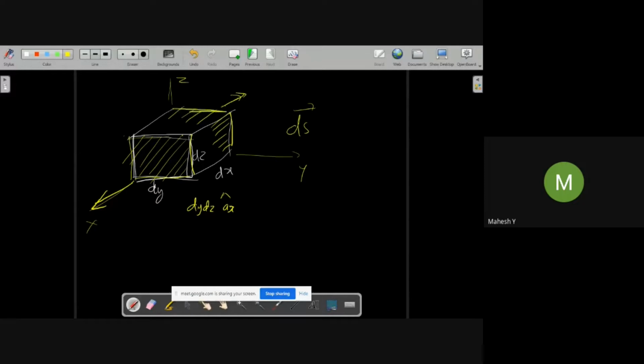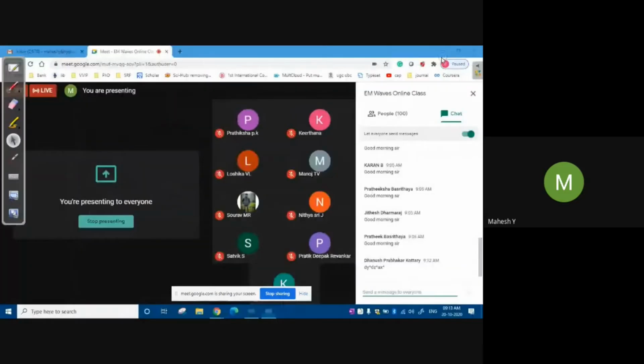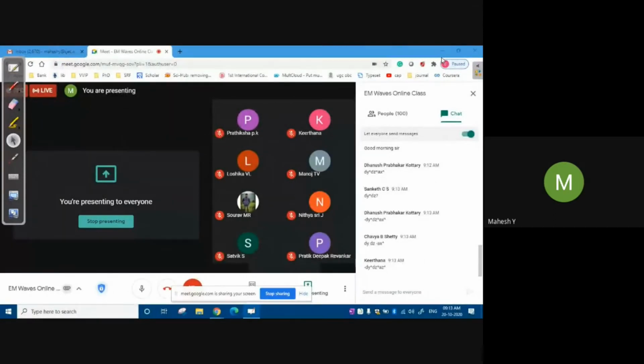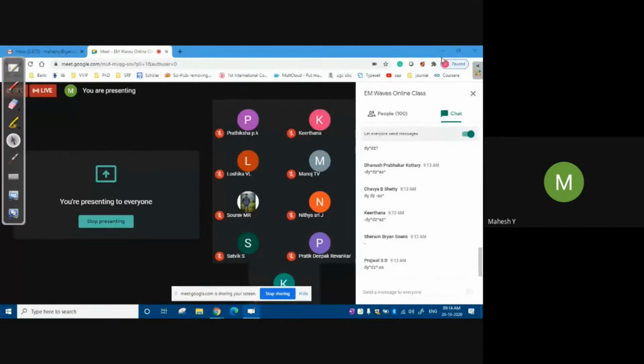These are the dimensions. dy dz is correct, Sanket, but direction is also required. It is not az cap, Kirtan.